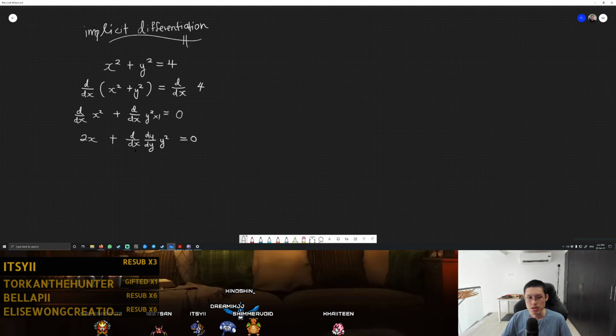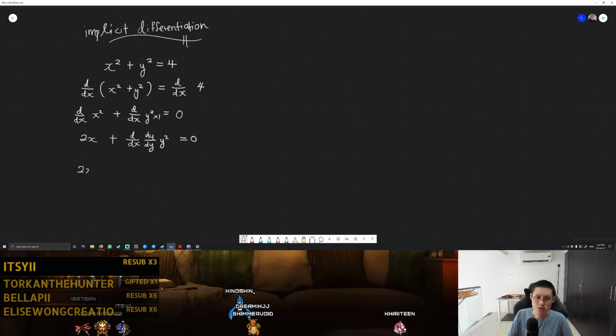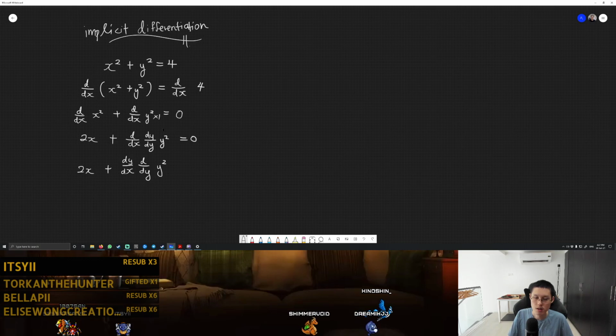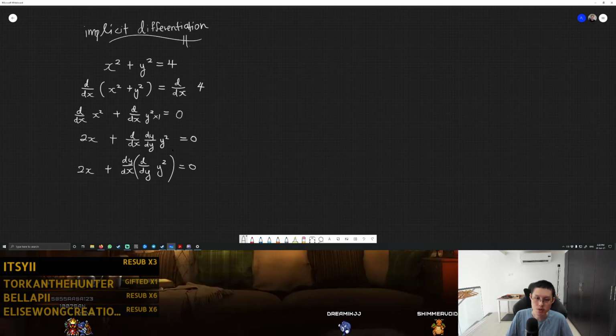And then you can see that we can just swap them around, which is going to give us dy/dx and then d/dy of y squared. Because when it comes to multiplication, the order doesn't matter. So now you can see here, we have d/dy of y squared. So you're differentiating y squared with respect to y.